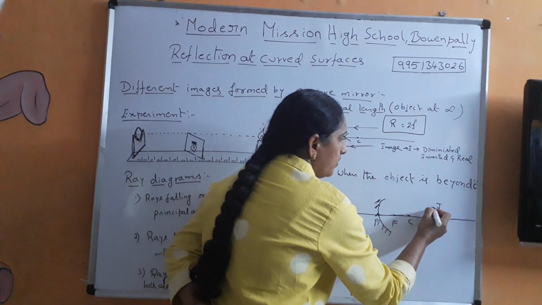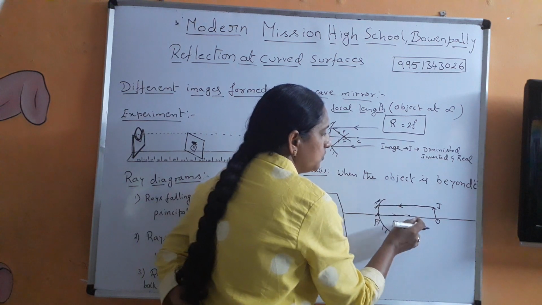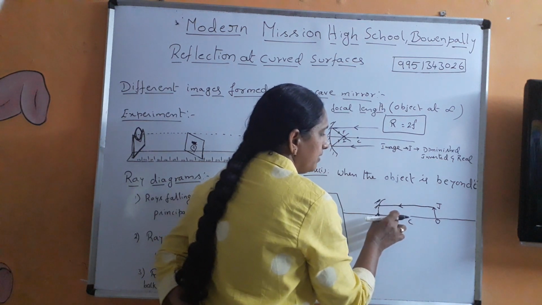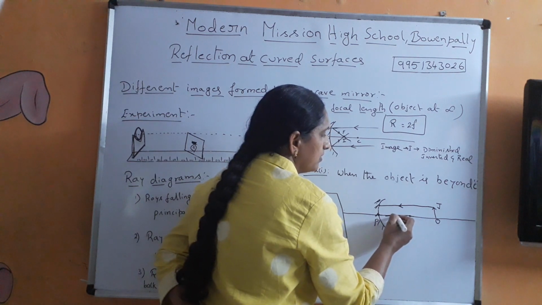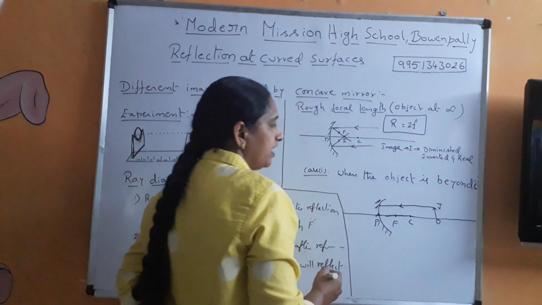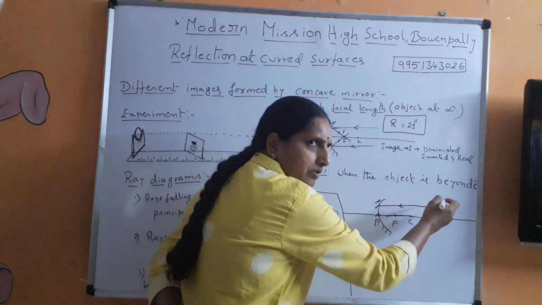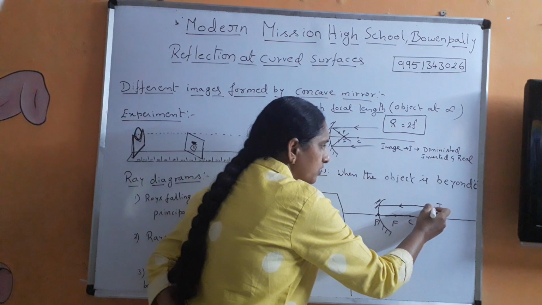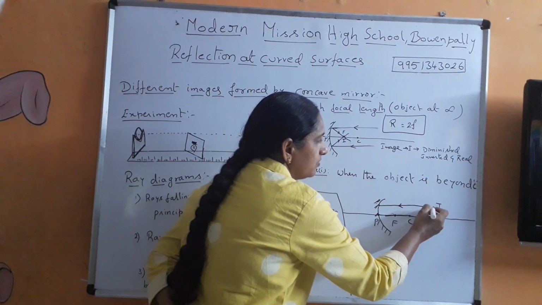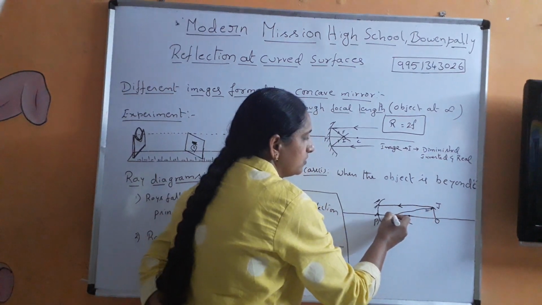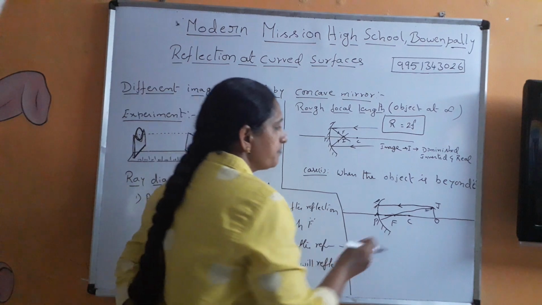So let me take one ray from the object parallel to the principal axis. And one more ray which is passing through the focus, because infinite rays will be coming out. So we are taking only two rays. You can't take all infinite rays and then say, ma'am, I couldn't come to a conclusion. Of course, first of all, you can't draw infinite rays in this space.